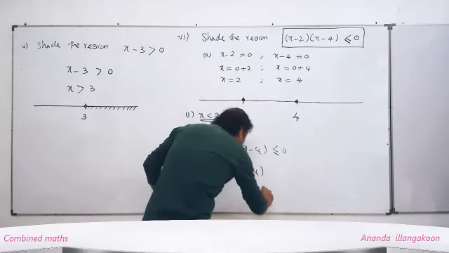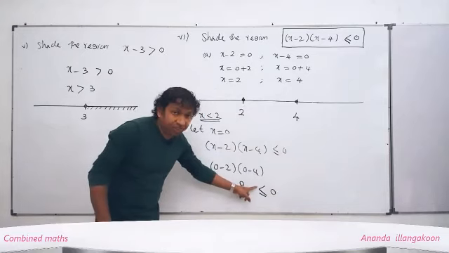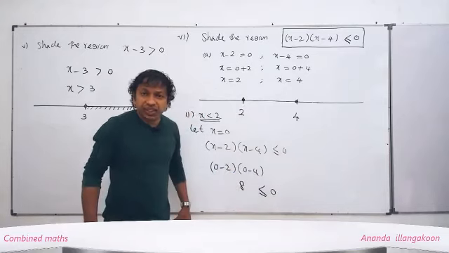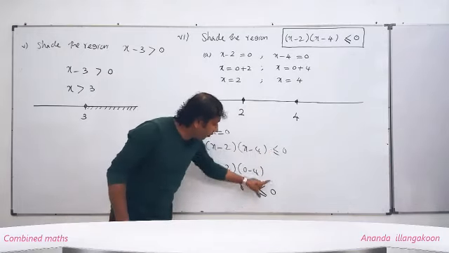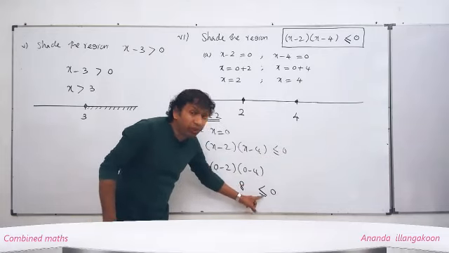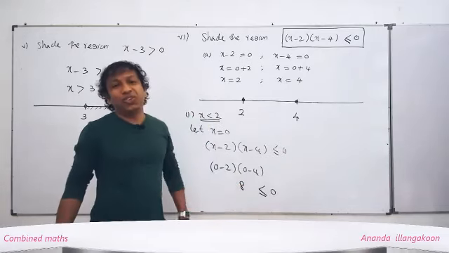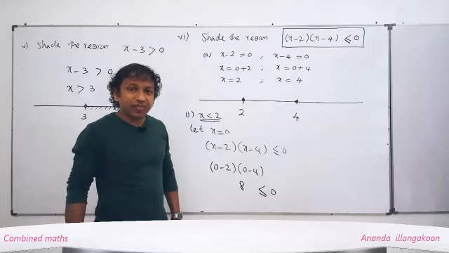Once I put that here with this sign, what do you get? 8 less than or equal to 0. Is it true? No, false. 8 greater than 0, that's yes, people.